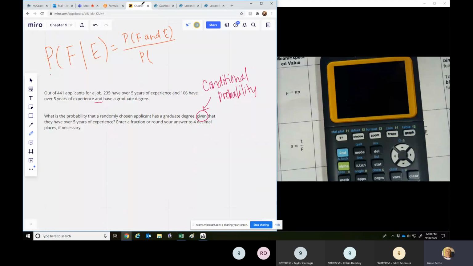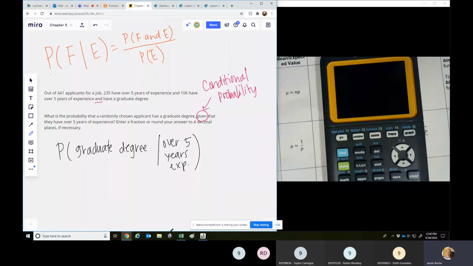Divided by the probability of the second letter, which is E. In ours, we're looking for the probability that they have a graduate degree, given, which is represented by that long straight line, that they have over 5 years experience.